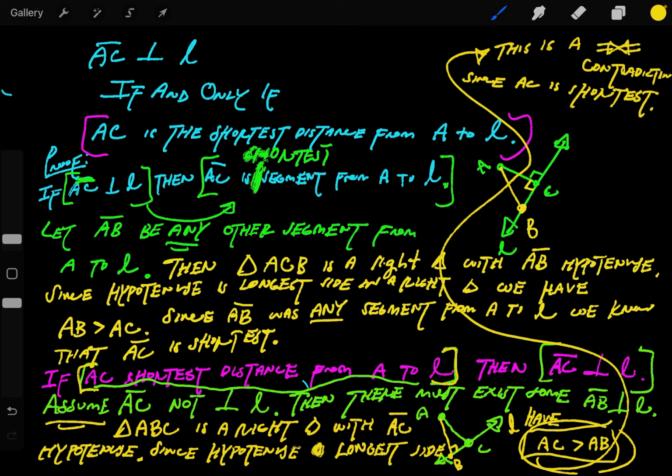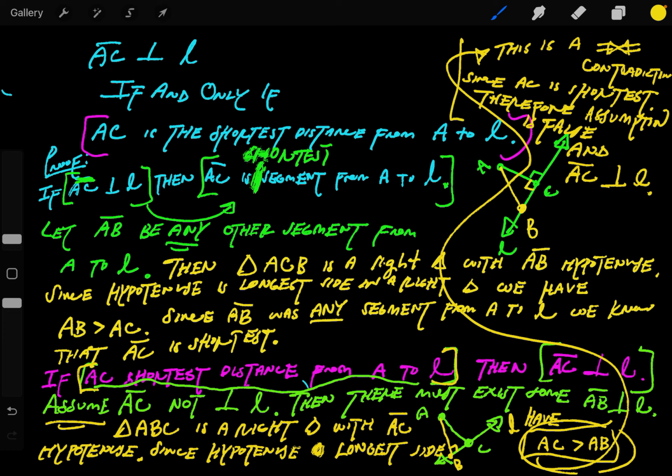Okay, so that's your contradiction. Therefore, the assumption is false, and AC is perpendicular to L.